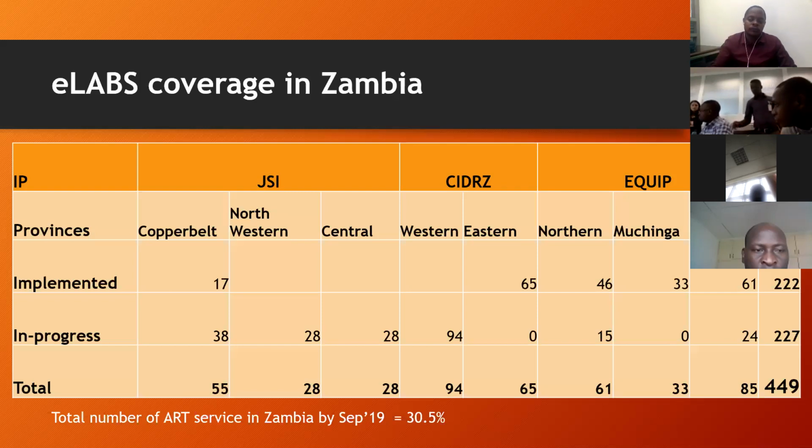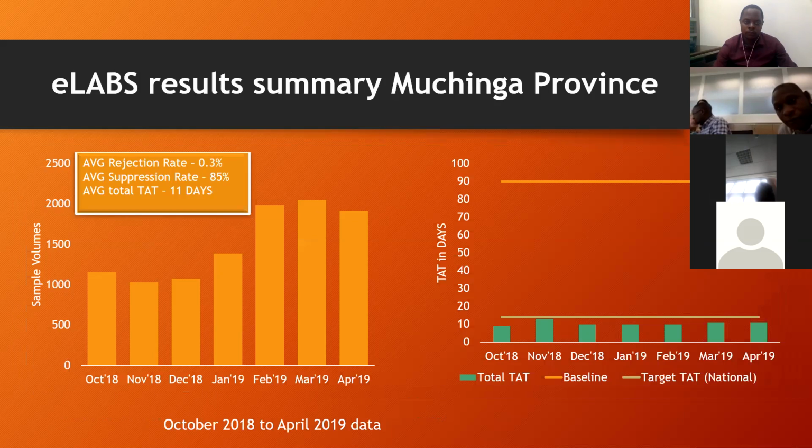And we have facilities that are in progress of implementation. So by the end of September 2019, we expect to have eLABS coverage of 30.5%, and this will result in 449 facilities in Zambia having access to eLABS.